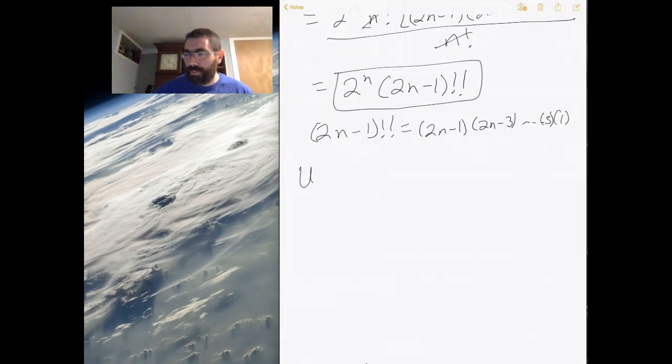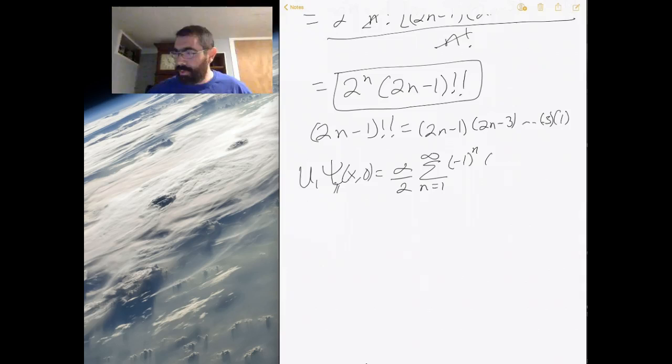So that means that the propagator for the first term pi is alpha over 2 times the sum n equals 1 of minus 1 to the n power, 2n minus 1 double factorial, x to the 2n minus 2, divided by 2 to the 2n minus 2 factorial.